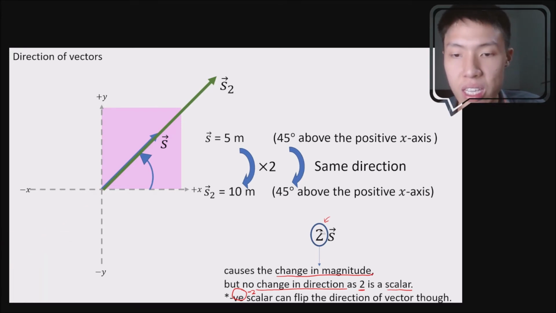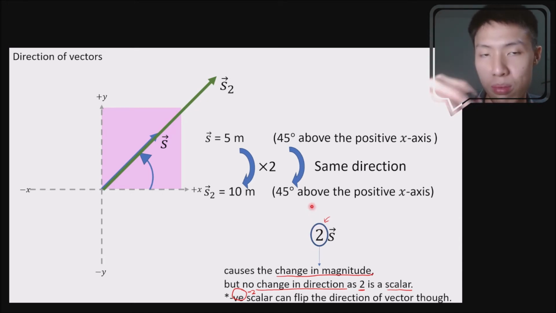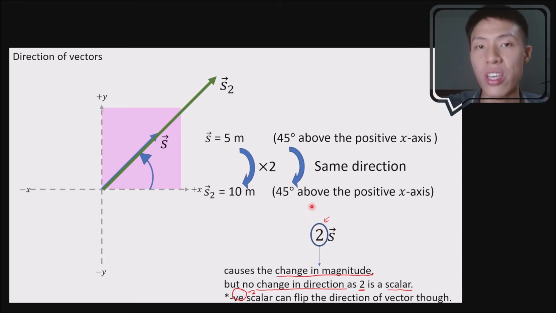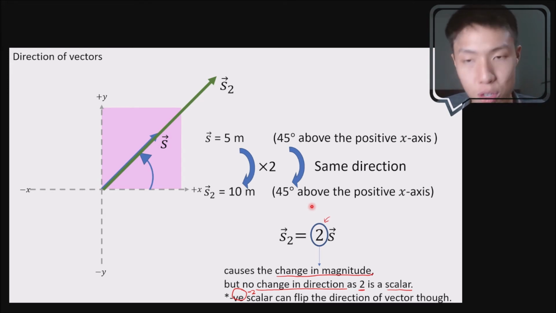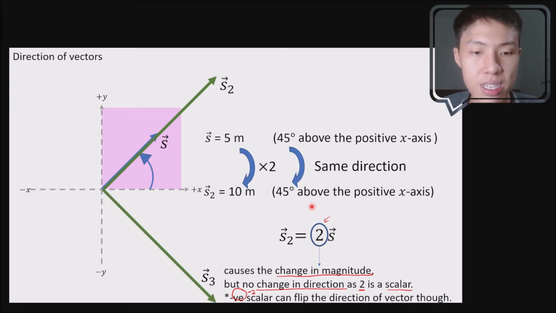If you put in a scalar value, you can only change the magnitude. For the direction, the maximum that you can do is flip the direction by adding a negative sign. Okay, so 2S here will be equal to the vector S subscript 2. Okay, so let's say now we have another vector, and this vector is S subscript 3.